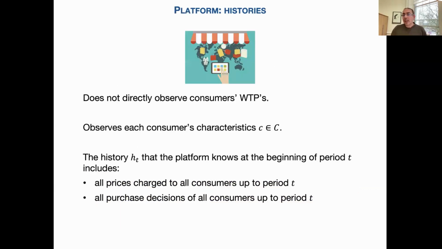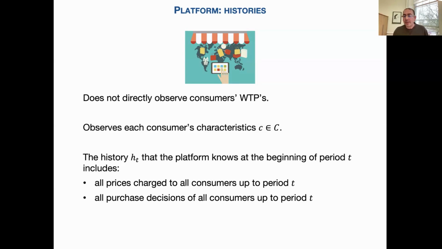Now, the platform does not directly observe the consumer's willingness to pay. The platform does observe each consumer's characteristic. And if I take a history, what is a history in this environment? It is going to be a sequence of prices that each of the sellers charge up to period T, and all the acceptance and rejection decisions of all the consumers up to period T. So if I take a particular history, I know all the prices that have been charged to all consumers up to that period.